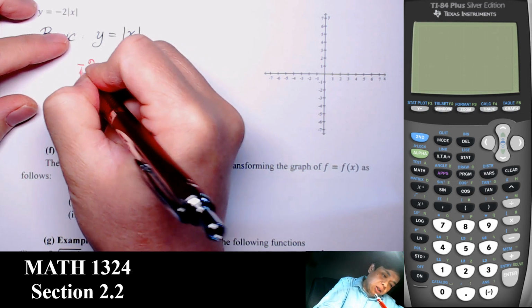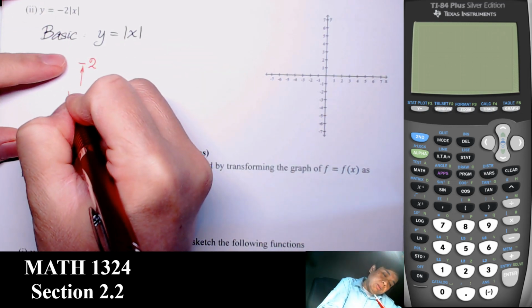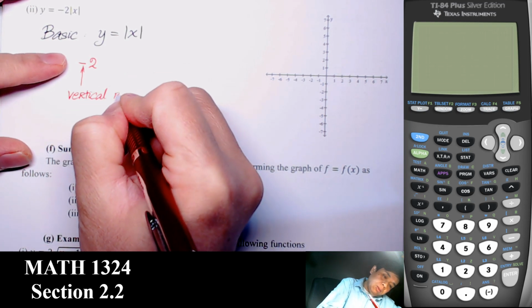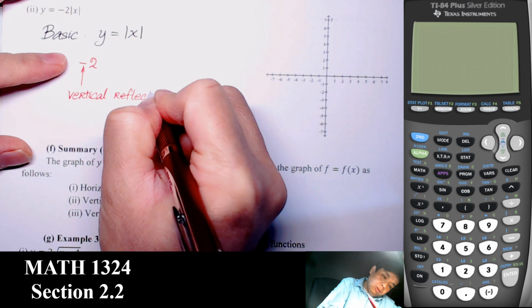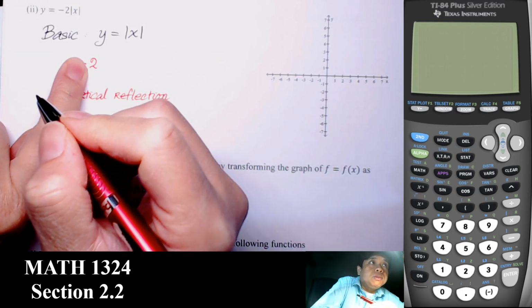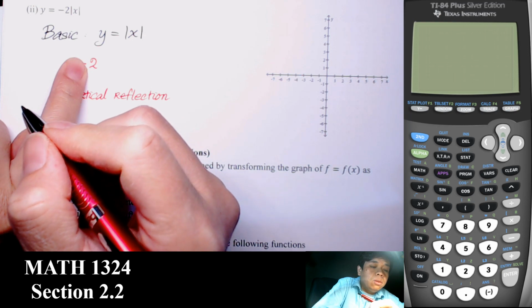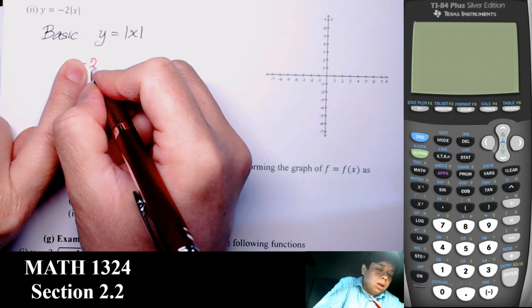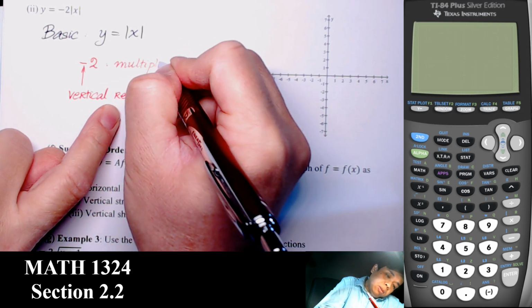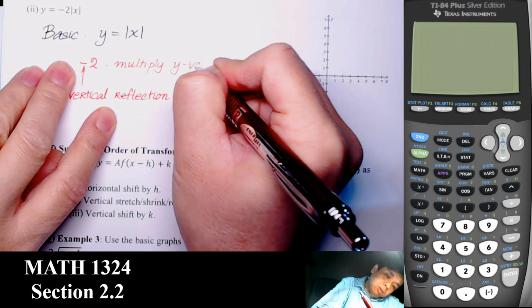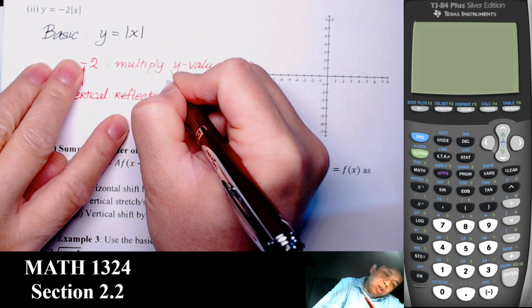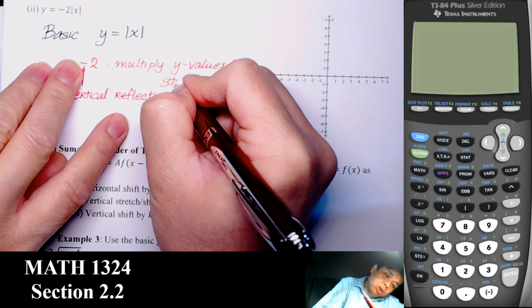The minus is going to flip it upside down. And the 2 is multiplying the y value by 2. And if we multiply by 2, that's going to be a stretch.